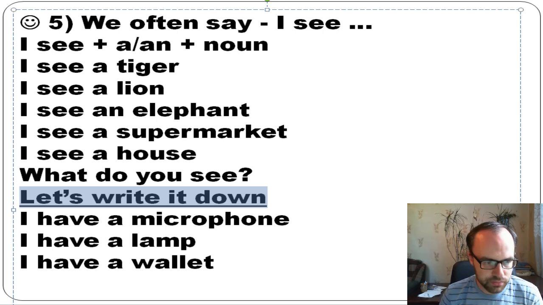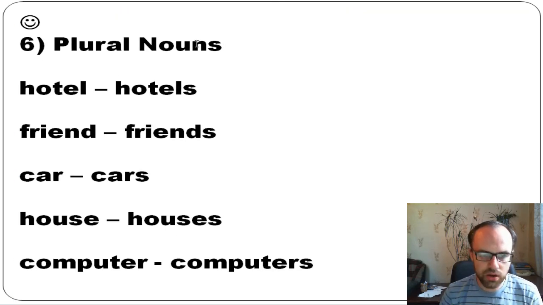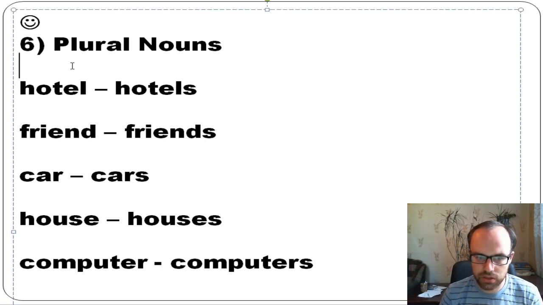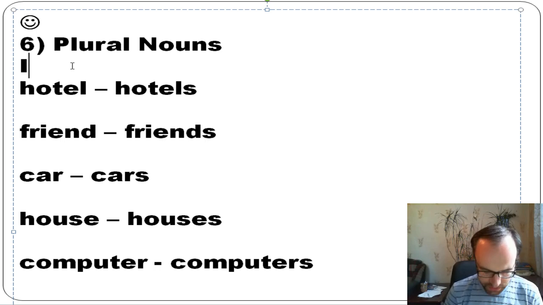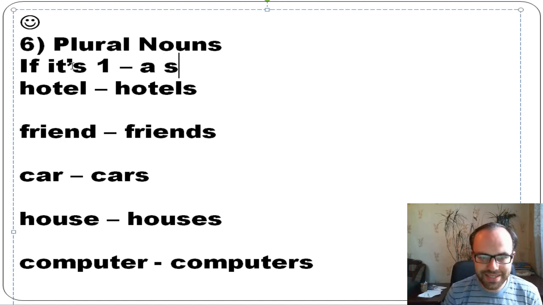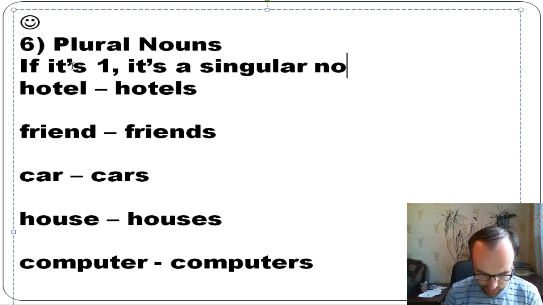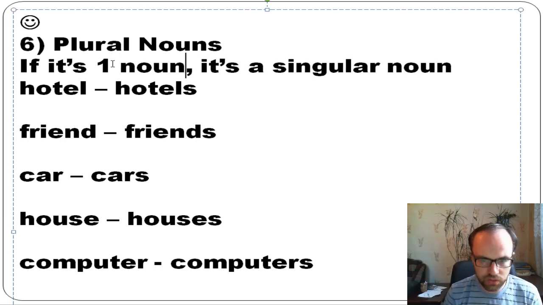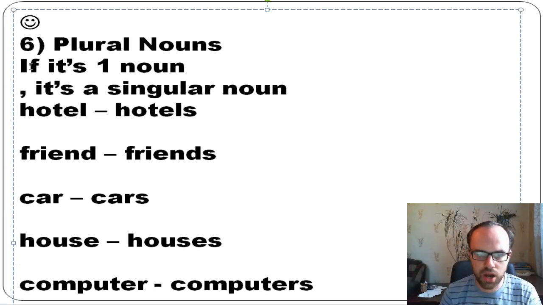Good. Very good. Okay, let's talk about plural nouns. If it's one, it's a singular noun. So one hotel is a singular noun.